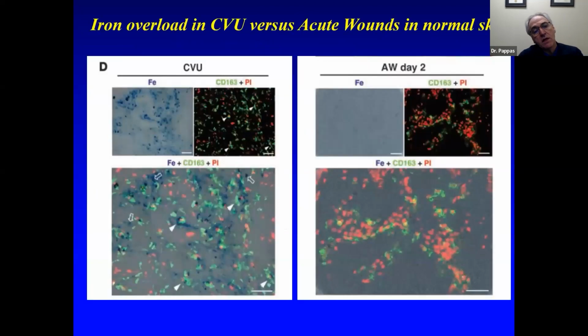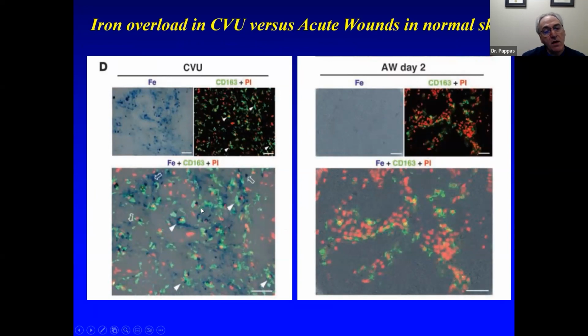So what they did was they looked at patients who had venous ulcers and they compared them to people who had pressure ulcers. And over here, the blue stain is iron. So you can see in the venous ulcer patients, there's an intense amount of iron staining, whereas in the pressure ulcer patients, there is none. The other stain over here to the far left is looking at activated macrophages, and the green is the activated macrophage, and you can see here there's very little green.